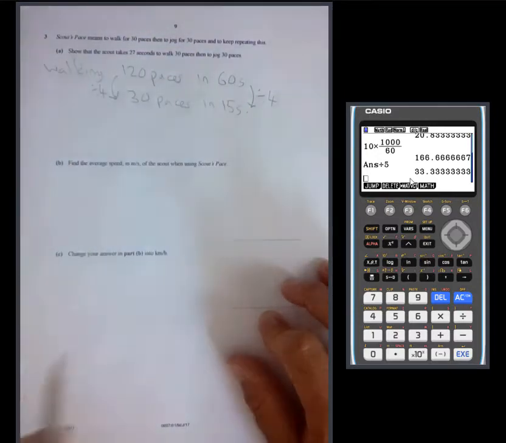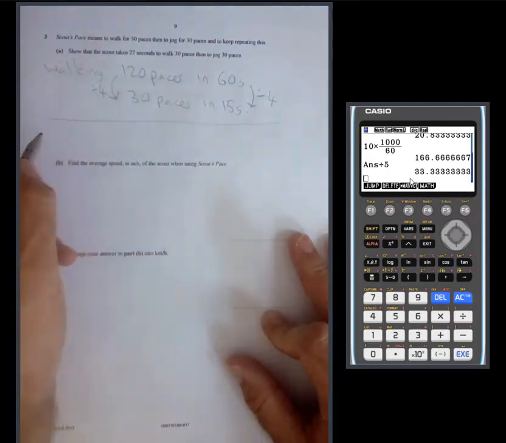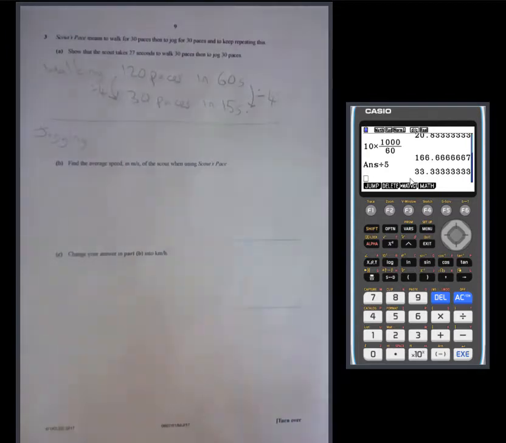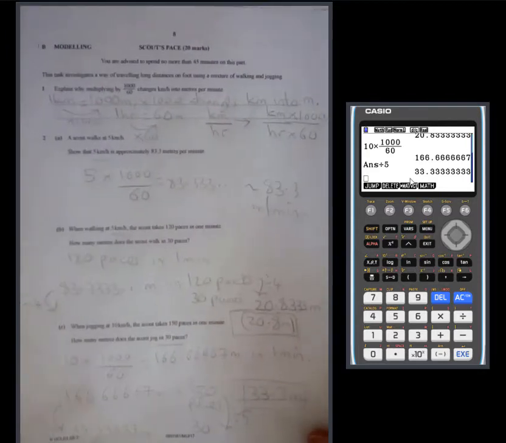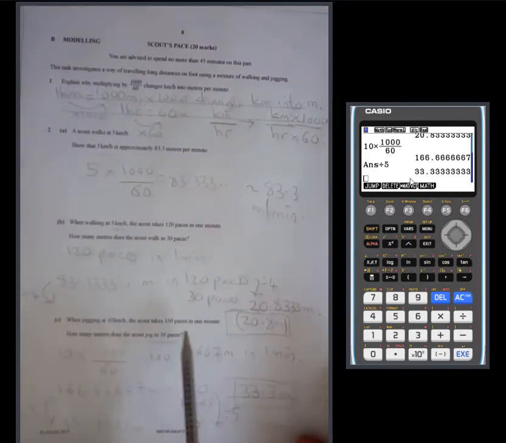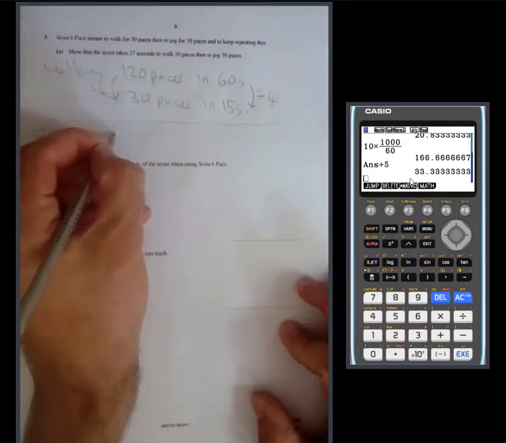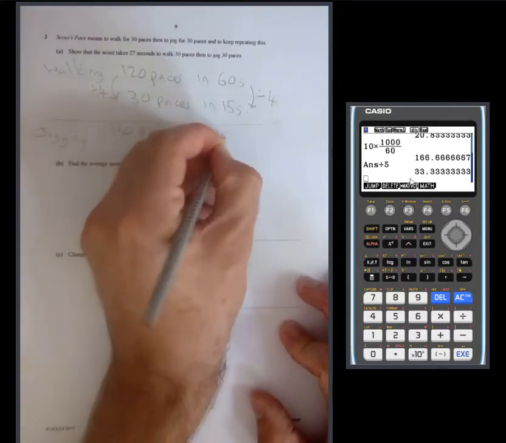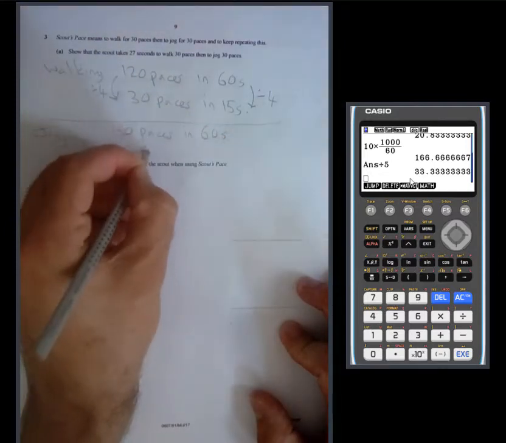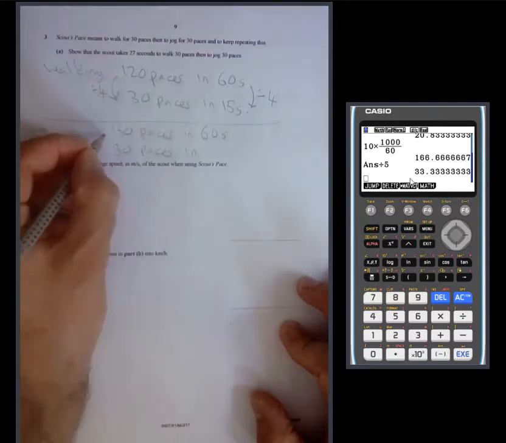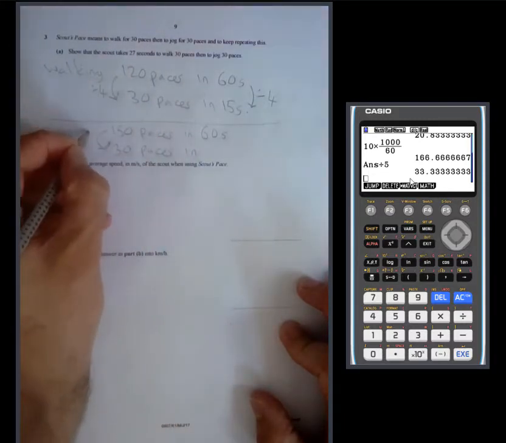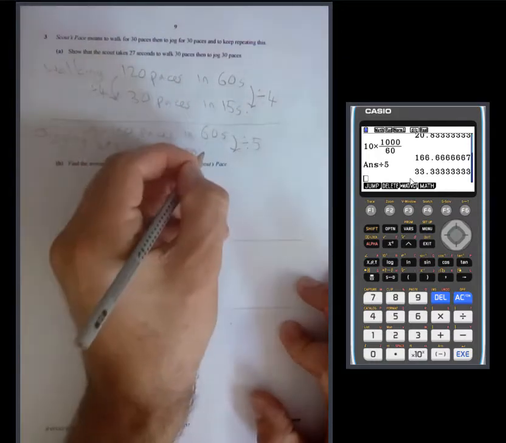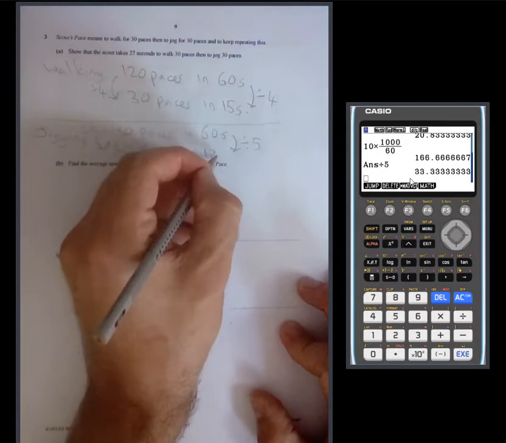Use a calculator if you need to. That's walking. Jogging. That was 150 paces in 60 seconds, just confirm. 150 paces in 1 minute, 150 paces in 60 seconds, 1 minute. So 30 paces in, well, 150 to 30, that's 5s, divide by 5, 60 you need to divide by 5, and 5 12s are 60, but use the calculator if you need it.